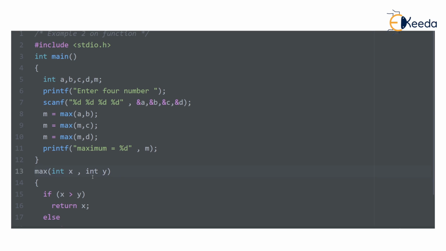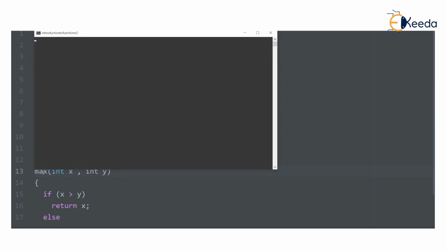So the core of the discussion is that if you write a function without a return type, then C assumes that the return type is int. Great, isn't it? Int is really the favorite data type of C language, it seems. So if I run this code, you note that it runs, although I have not given the return type of the function, and I am entering 4 values, and this will print 5, the largest of the 4 numbers.